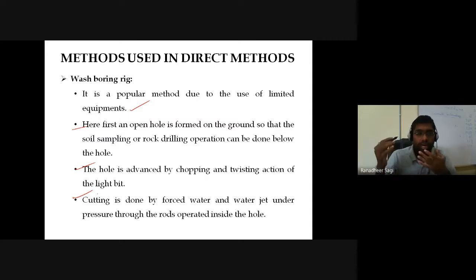The soil particles get settled at the bottom of that pit, and water starts flowing into another sump, so that it can be recirculated, and the subsequent process of wash boring can be executed till the required depth is achieved.